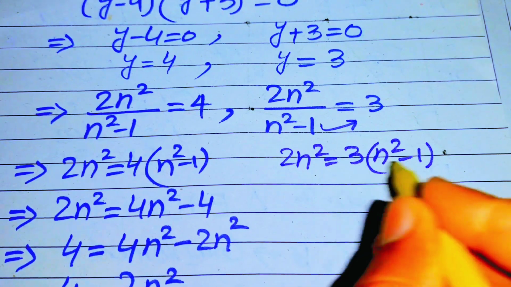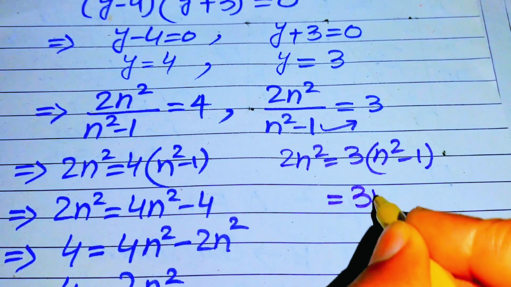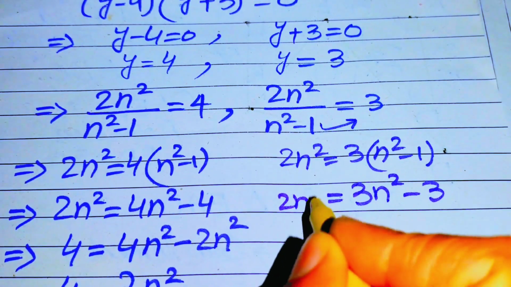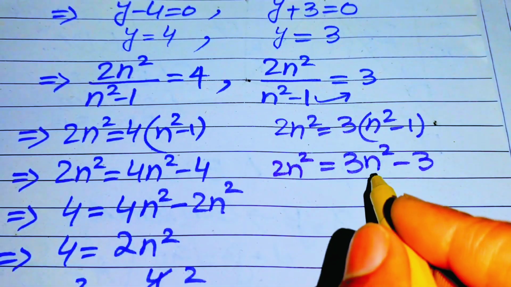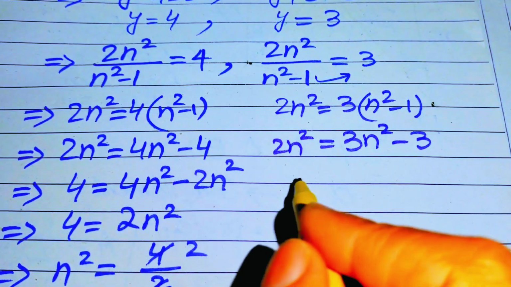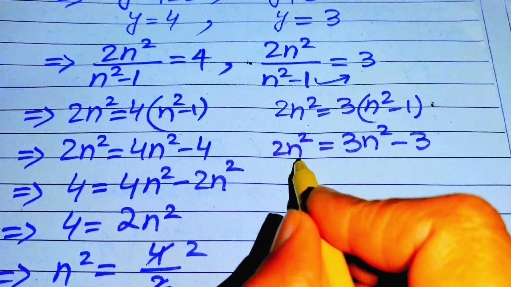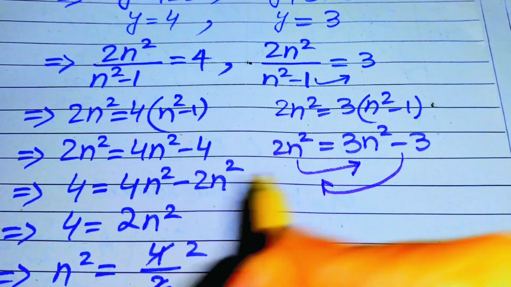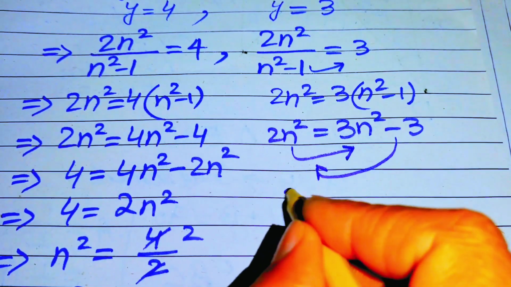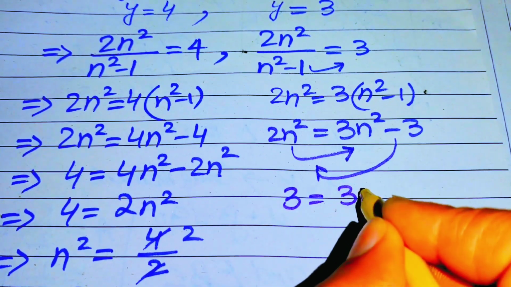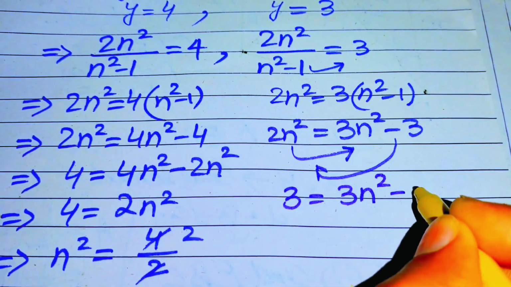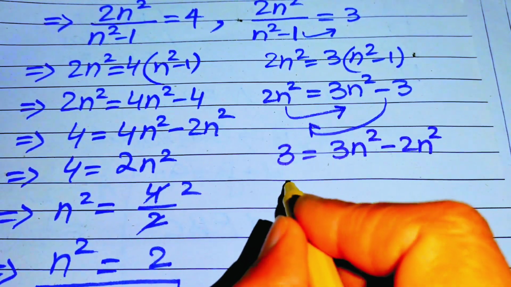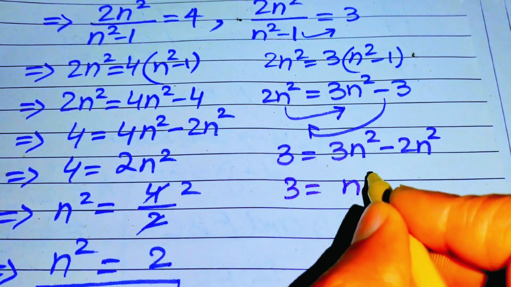Now we multiply this 3 on both of the terms and you get 3 times n square minus 3, and here you have 2 times n square equals to 3 times n square minus 3. So again we move this 2 times n square to the right hand side and minus 3 to the left hand side, and we get 3 equals to 3 times n square minus 2 times n square, and here you get 3 equals to n square.